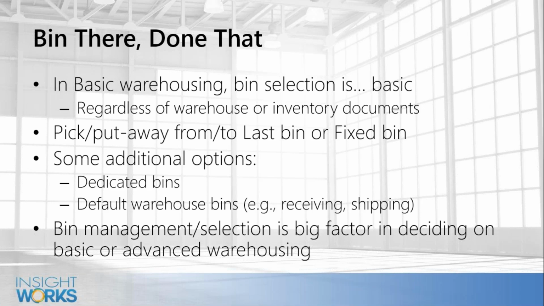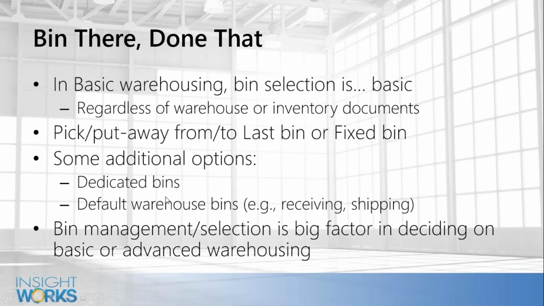It's going to find the first bin with the product and pick as much out of that bin as possible. And if it hasn't fulfilled that pick quantity, it's going to look at the next bin in that order, and it's just going to keep going until it's fulfilled that, right? So it's not really intelligent. It's not going to say, oh, this is your pick area, that's your highest priority bin, you want to pick from there first, or I'm not allowed to pick from my overstock area. So it's not smart enough to really do a lot.